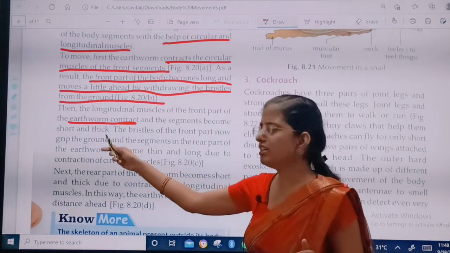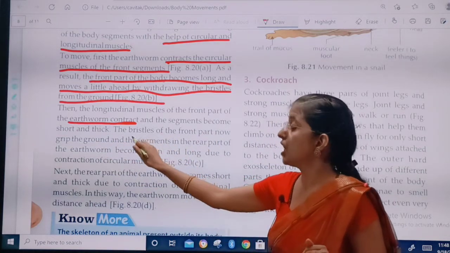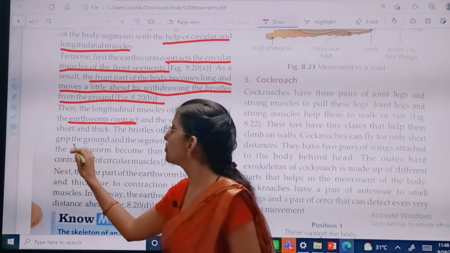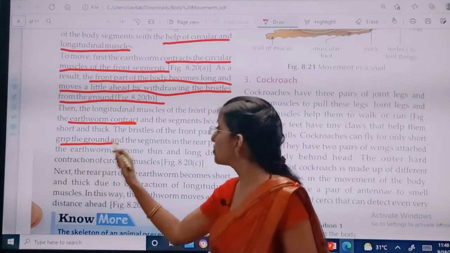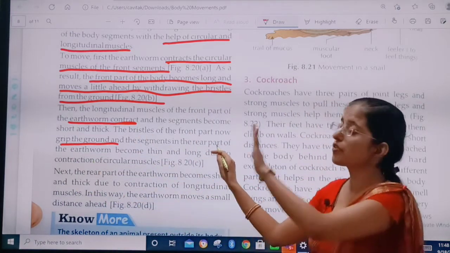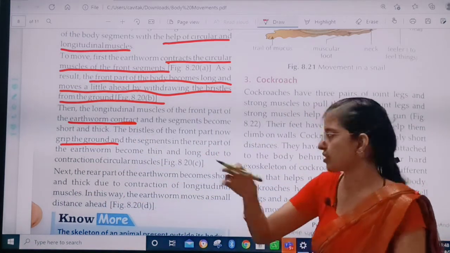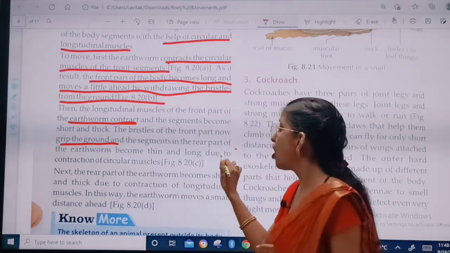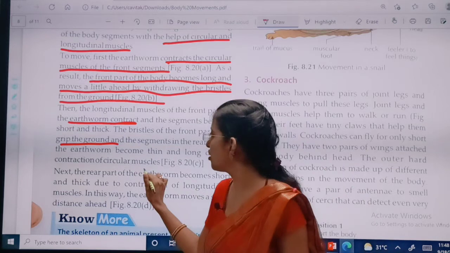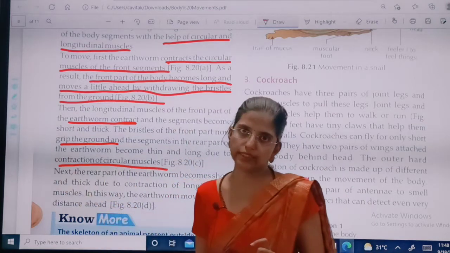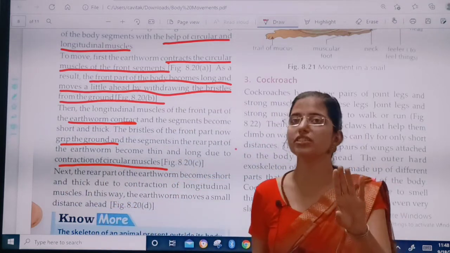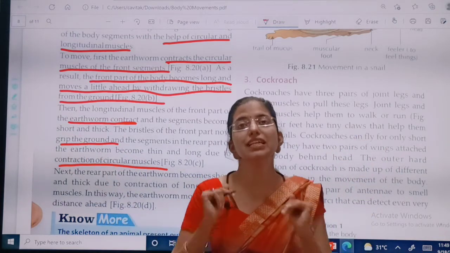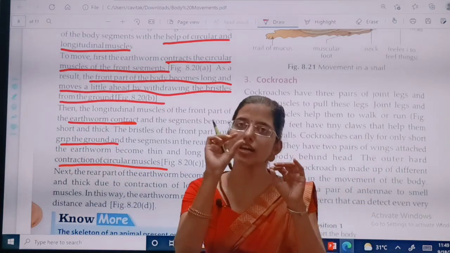the segments become thick and short. Then the bristles of the front part now grip the ground. And the segments in the rear part, rear means back part, of the earthworm become thin and long due to contraction of circular muscles. You have to remember here that when circular muscles contract, the segments become long and thin.